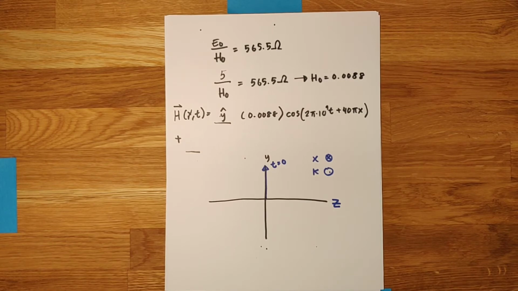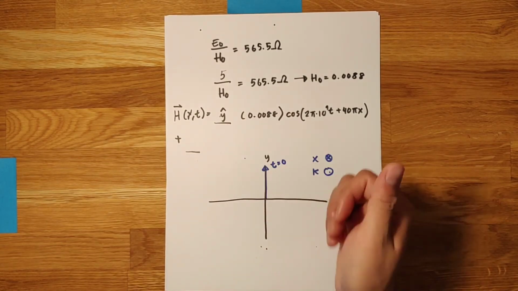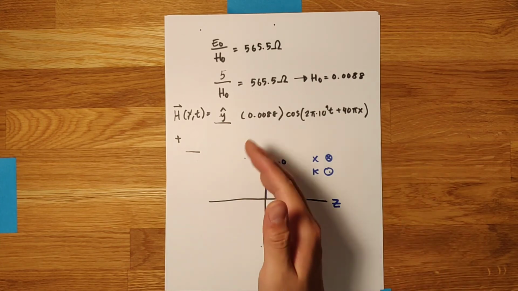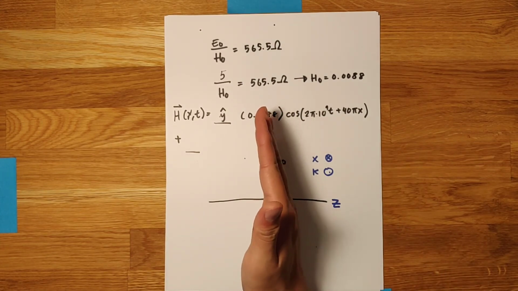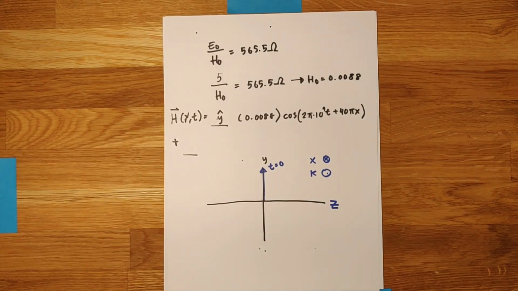Putting my thumb in the direction of K, which is coming out of the page, and putting my fingers on where H1 is, it will curl towards H2. That means H2 is going to be in the negative Z direction.